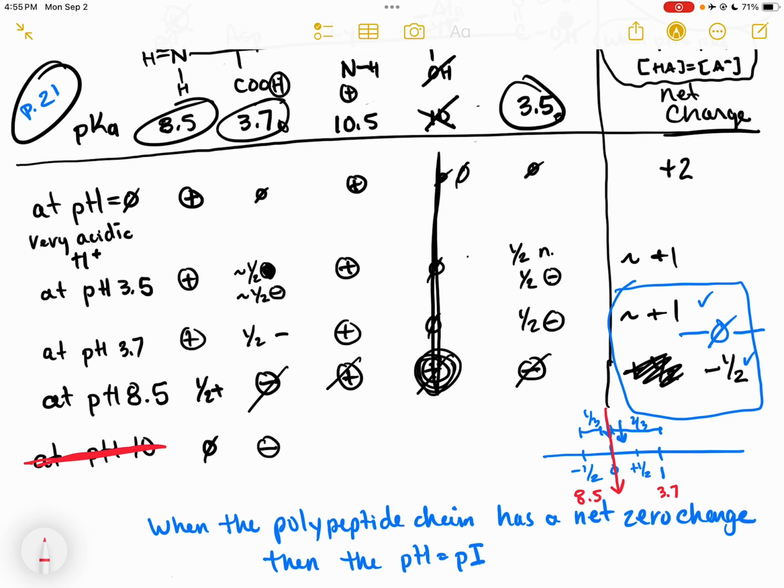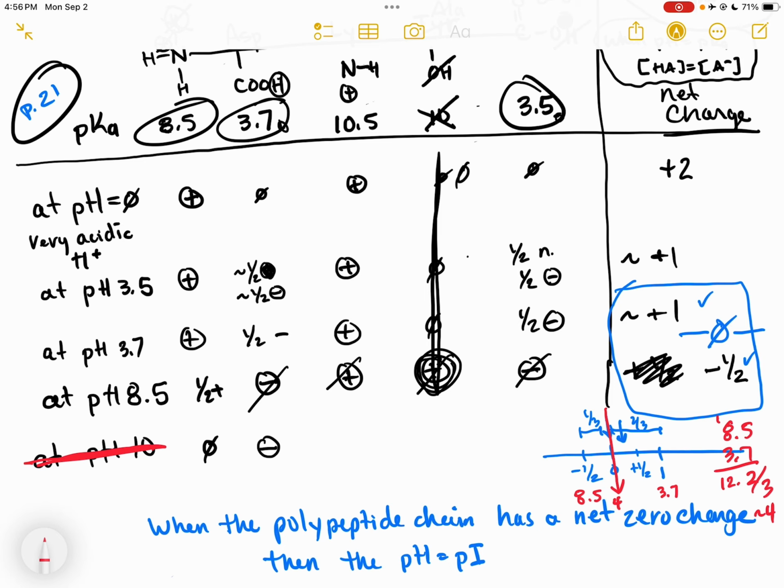So let's add them. Can we add them and divide by 3? 8.5 plus 3.7 is 12, and if we divide by 3, 12 divided by 3 is about 4. No, that doesn't work.